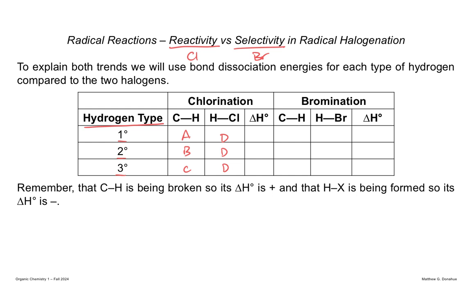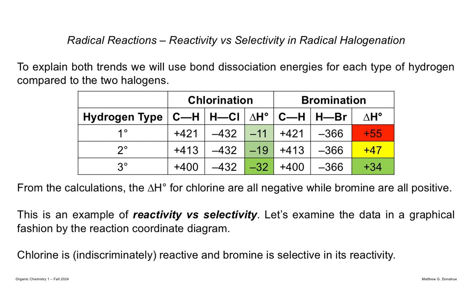For bromination, we'll use A, B, C again, and then the different value for HBr we'll say E. And then again, these values will give us an indicator of why there's a difference in these classes of C-H bonds. So there they are.